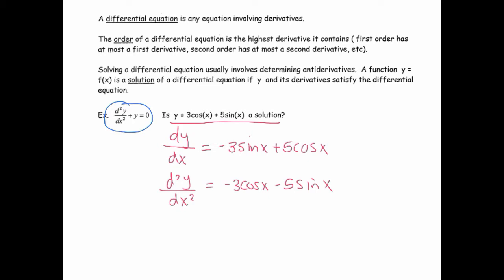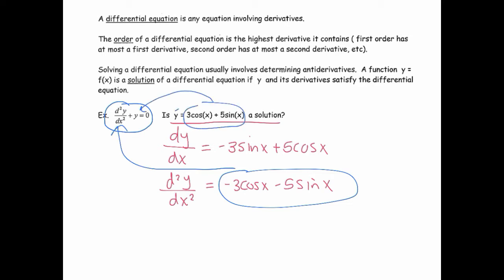I'm going to take this, plug it in here. I'm going to take y, plug it in here, and see if I get 0. So let's see, negative 3 cosine of x minus 5 sine of x plus 3 cosine of x plus 5 sine of x, and that does indeed get you 0.